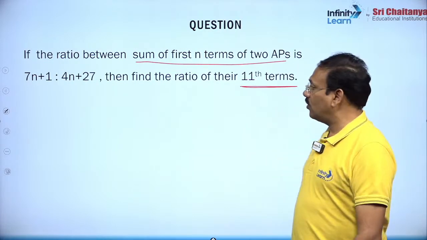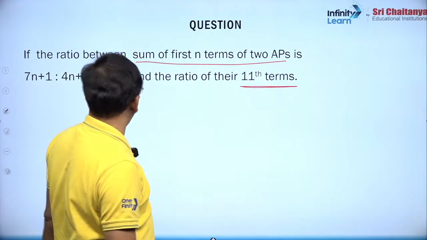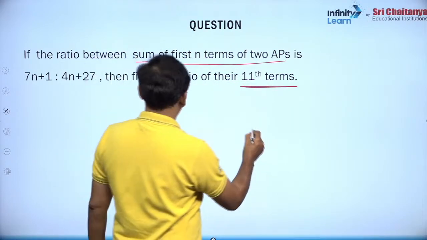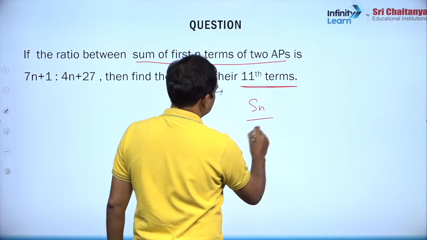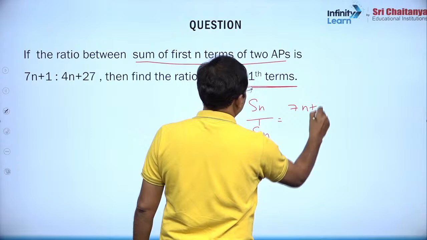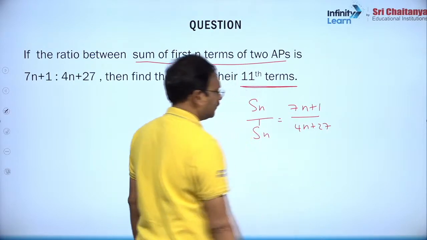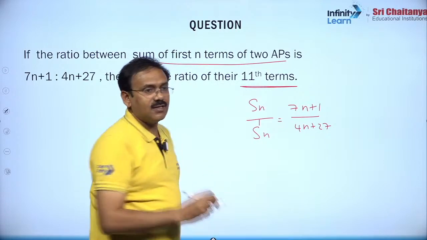So here there are two APs, and the ratio of the sum of the first AP to the second AP is given as 7n plus 1 by 4n plus 27. I want the ratio of their 11th terms.